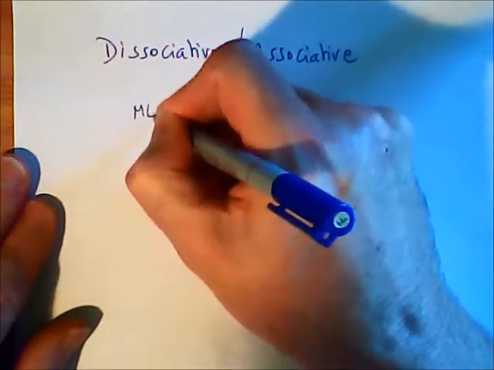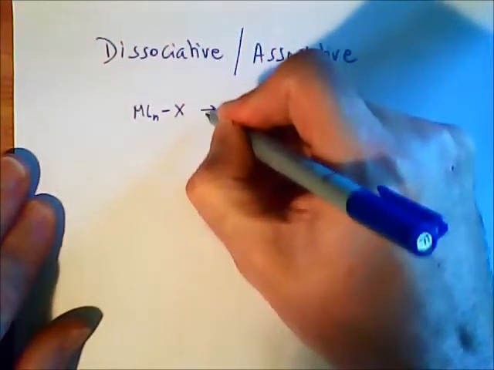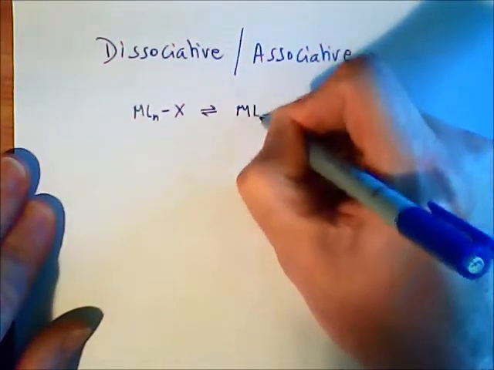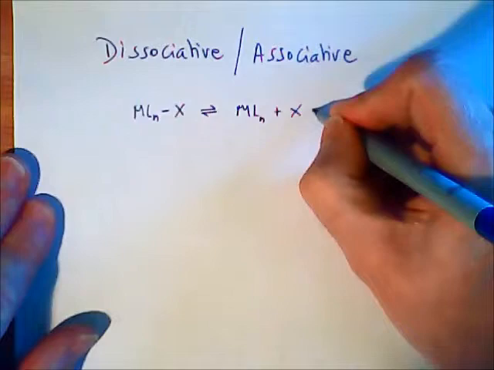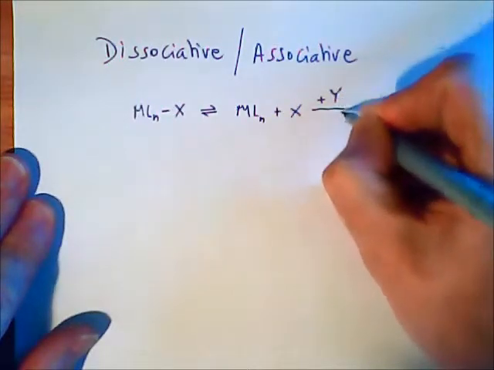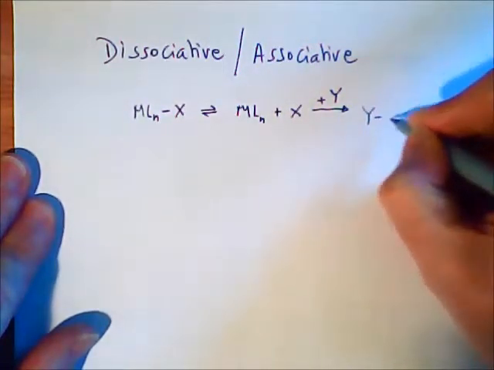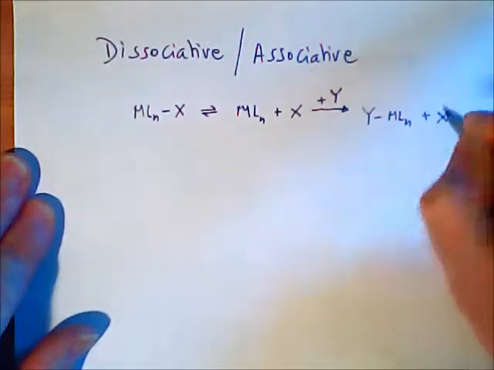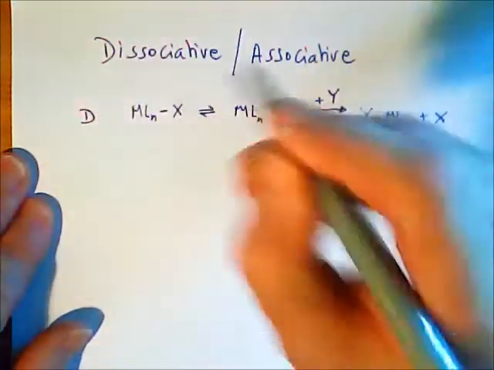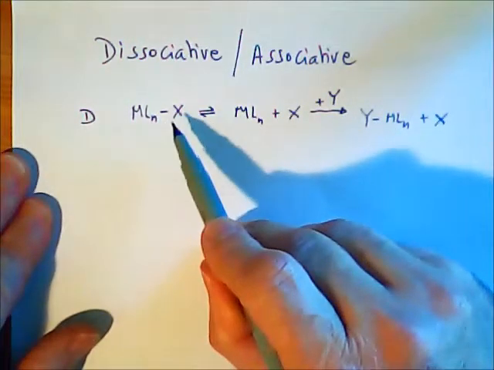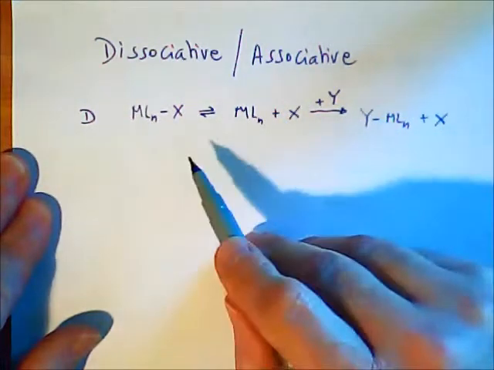So we have a metal complex with the ligand X, and the first step in this reaction would be the dissociation of the X ligand, and then in the consequence we have another ligand Y, which will then attach to the metal, so we can get YMLn plus X. So again, this is the dissociative pathway, or D. First, the bond between metal and the ligand is broken, and then a second ligand can replace the first one.